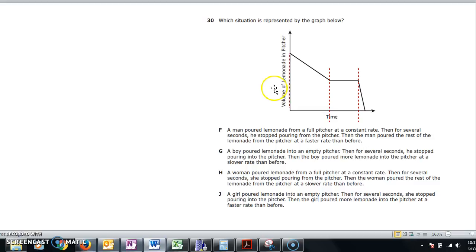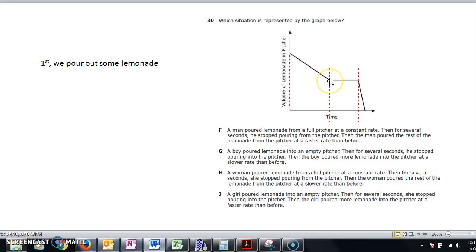Alright, so we're talking about how much lemonade is in a pitcher. Notice that it starts out high, so there's a lot of lemonade in the pitcher, and then as time moves on, there's less lemonade in the pitcher. So what seems to happen first, we're just going to write our own story, is first we pour out some lemonade.